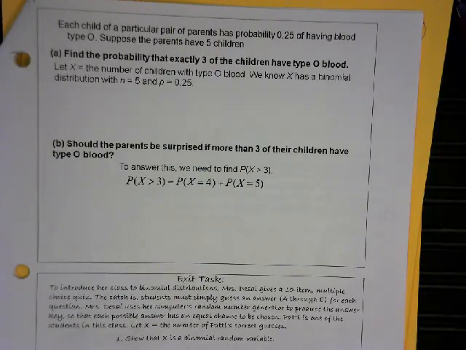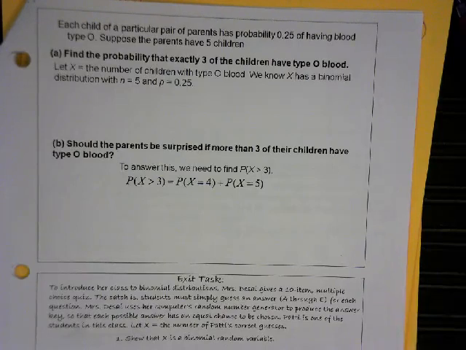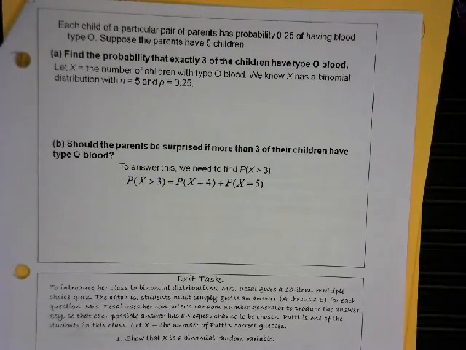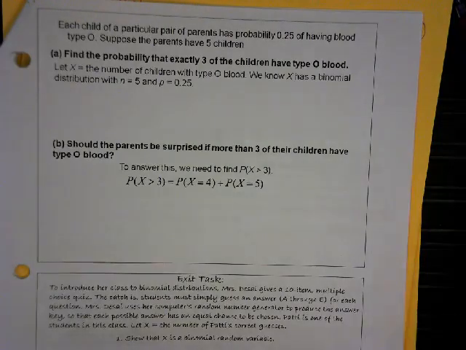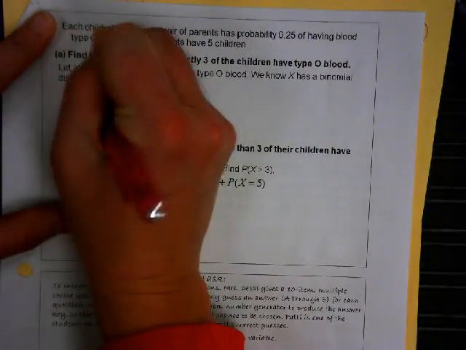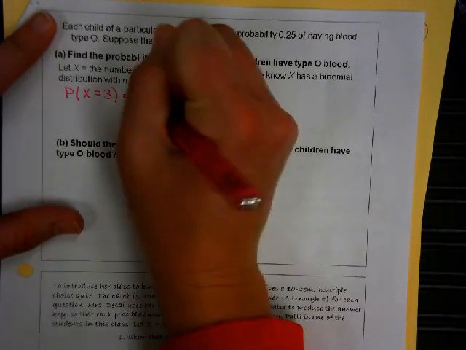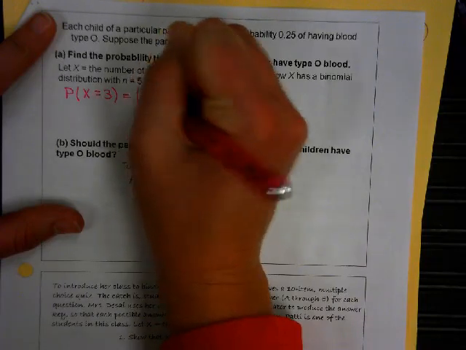So this time we're finding the probability X equals 3. We still have 5 trials. We want 3 successes. Probability of success, 0.25 raised to the third power. And probability of failure, 0.75 raised to the 2, because we want 2 failures.